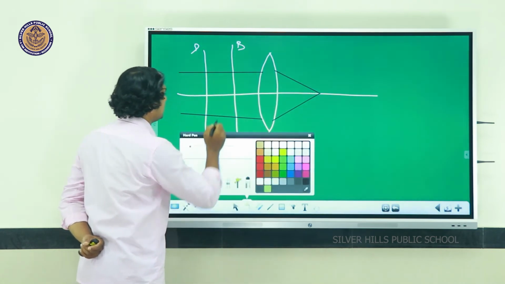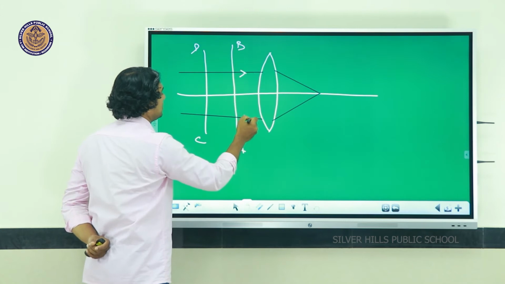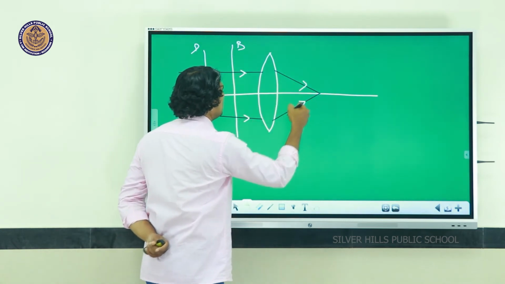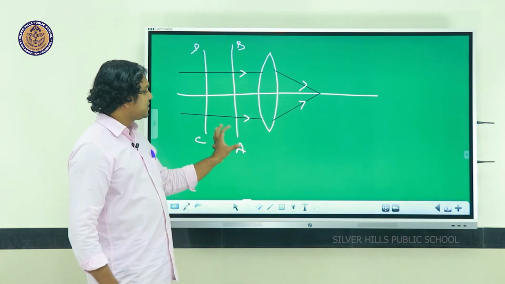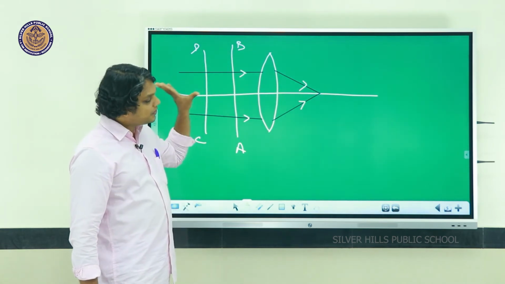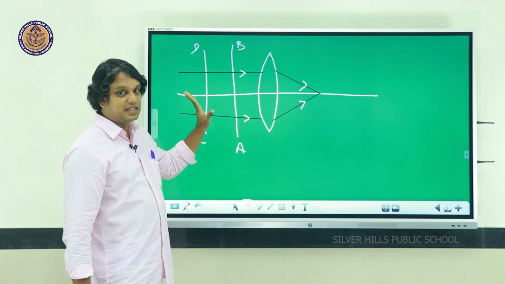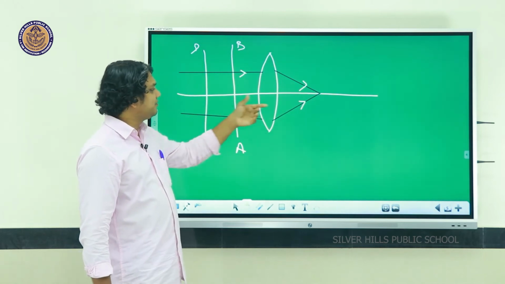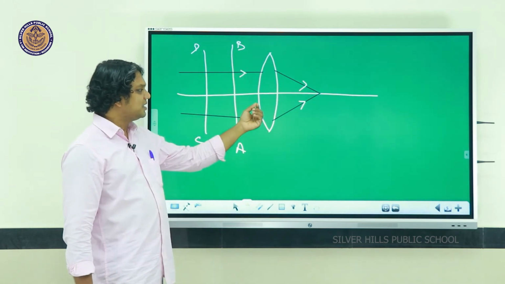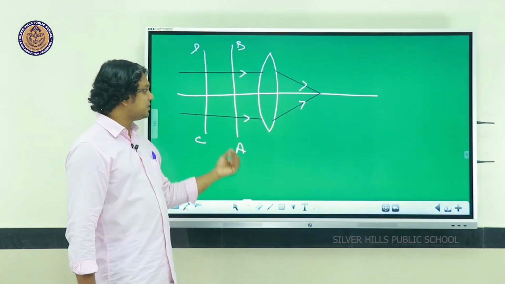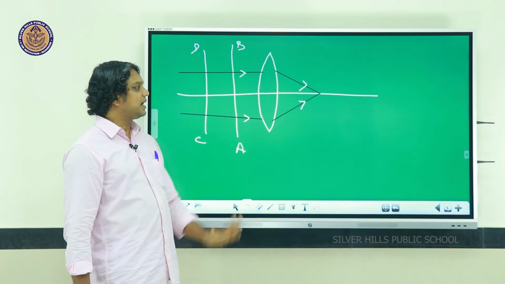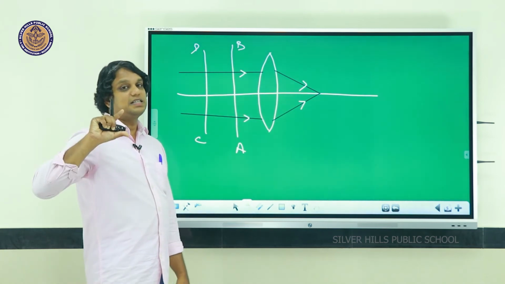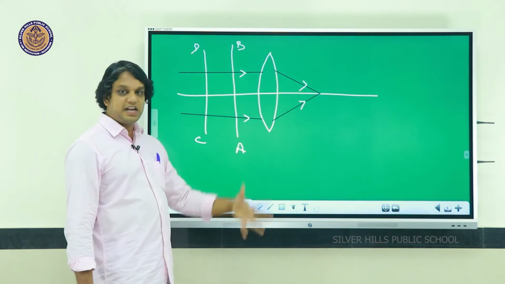Otherwise, suppose you are relying upon the Huygens principle and the wavefront itself, then first of all you have to consider that only, not the rays. To clear the confusions, I have just drawn that. If you have some confusions, then you can rely upon the ray diagram, and then construct the corresponding wavefront, then the idea will be clear.